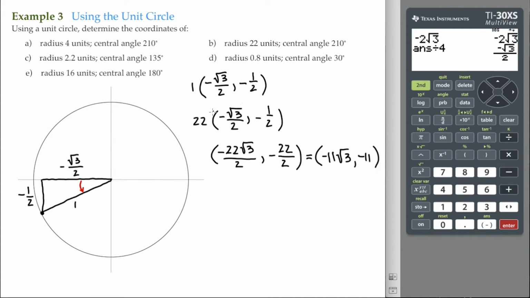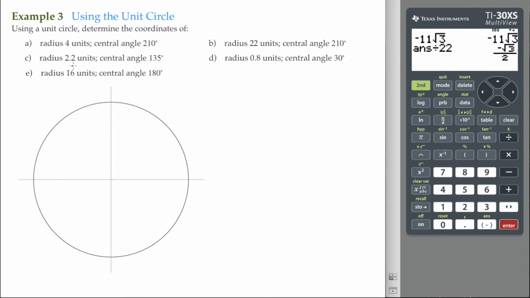So since I know the relationship of those side lengths, if I multiply negative root 3 over 2 by 22, then if I take negative 11 times the square root of 3 and then divide that by 22, I'm right back to my coordinate here. And we'll continue.